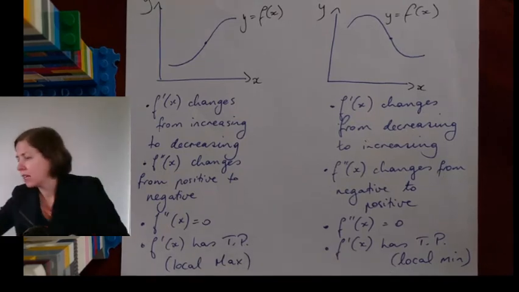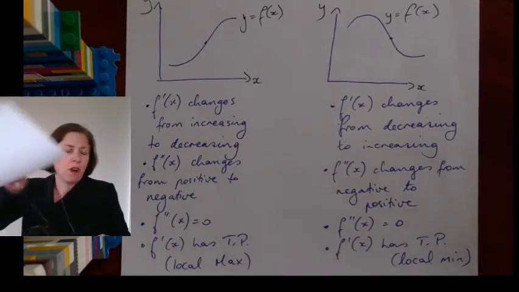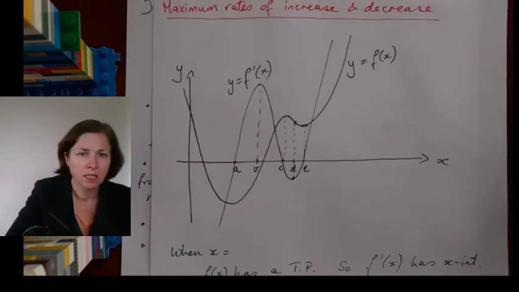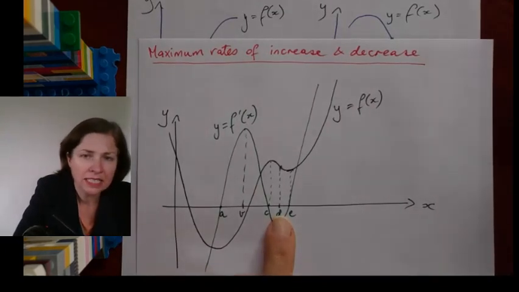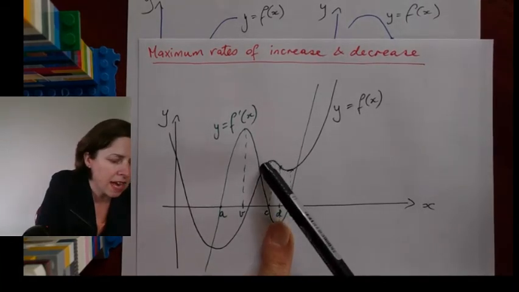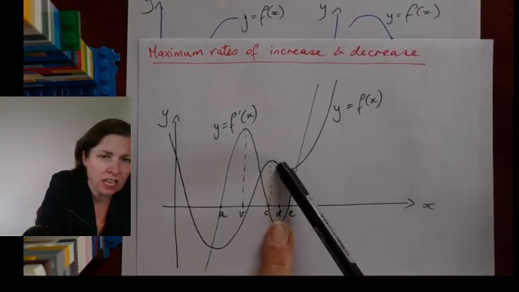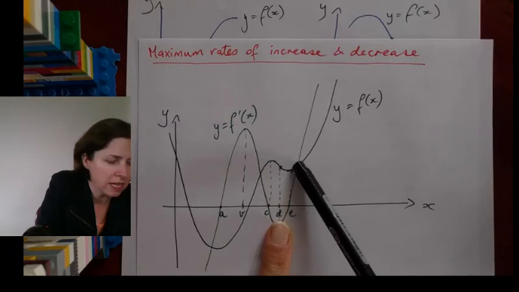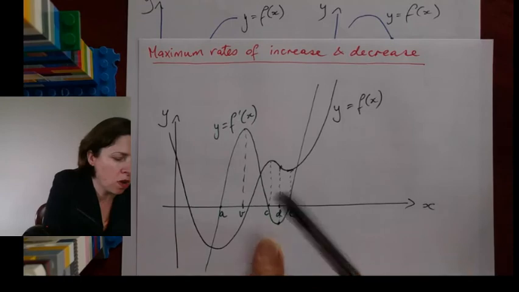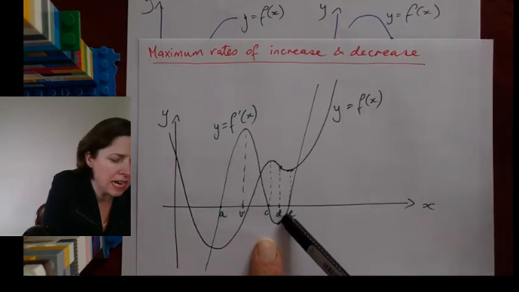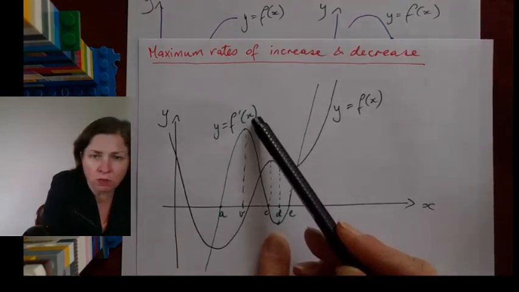So if I go back to the very first graph that we looked at, let's look at D, okay? I can actually see here that as my graph is concave down to the left and concave up to the right, this point D is when that changes, which is why I get a local minimum here on my first derivative.